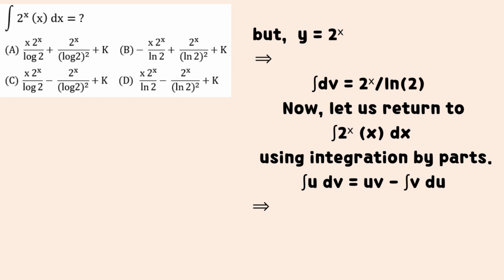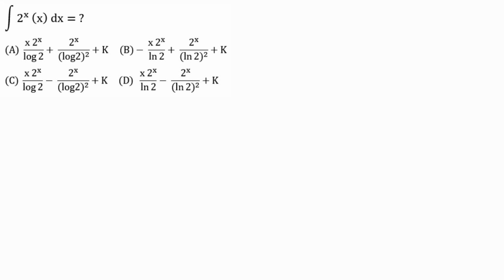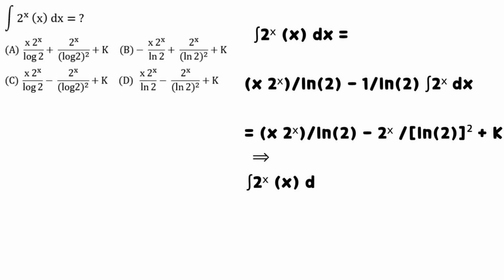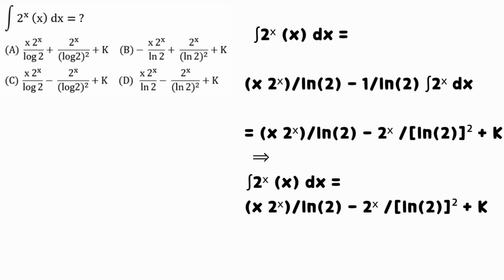Now, let us return to integral 2 to the power of x times x dx. Using integration by parts, as shown on the screen, this implies that integral 2 to the power of x times x dx equals the product of x and 2 to the power of x divided by ln 2 minus 2 to the power of x divided by the square of ln 2 plus k.